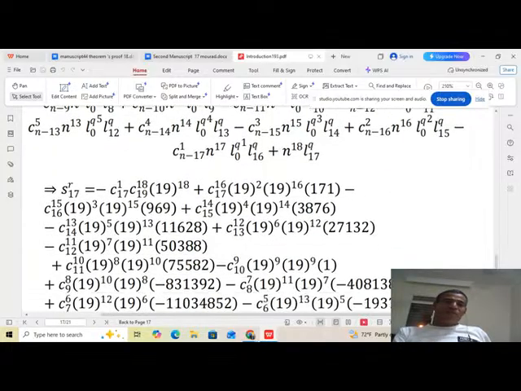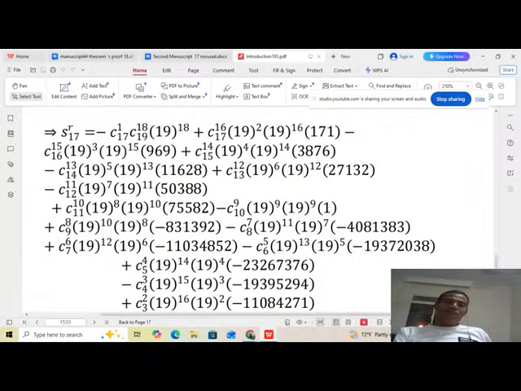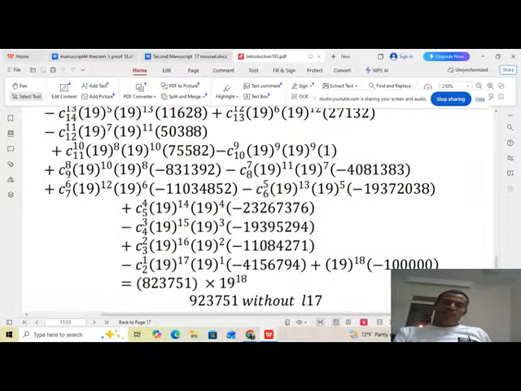So here S17, in fact, we calculated all of this, and we found that it is different from 0, equal to 823,751 multiplied by 19 raised to the power 18.